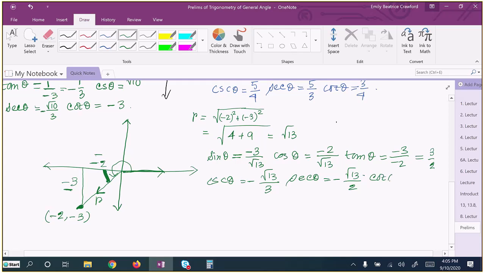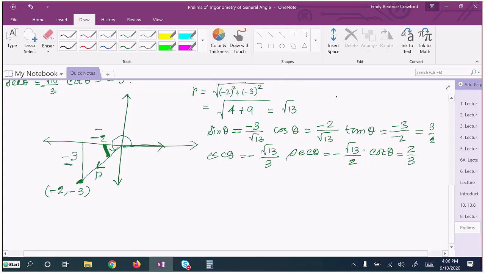Cotangent theta is the reciprocal of tangent theta, which is 2/3. So again, if the point is in the third quadrant, that means the angle's terminal side is in the third quadrant. We see that sine, cosine, secant, cosecant, those four trigonometric ratios are negative, whereas tangent and cotangent are positive.